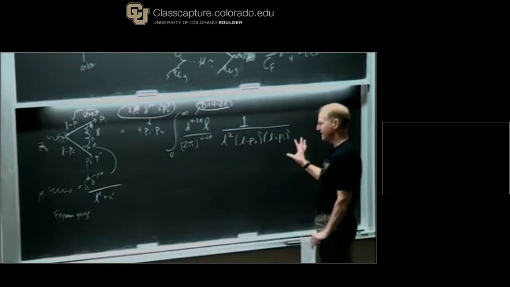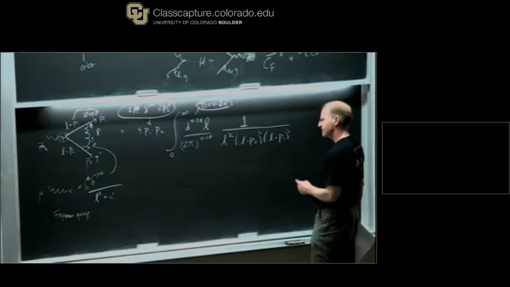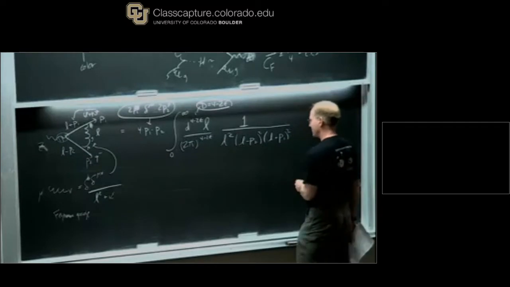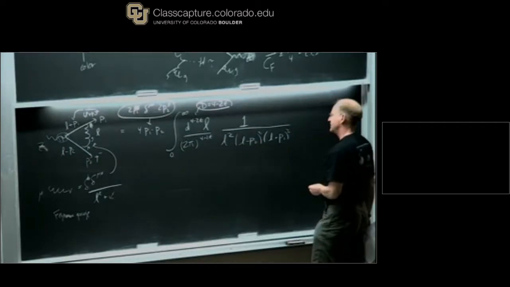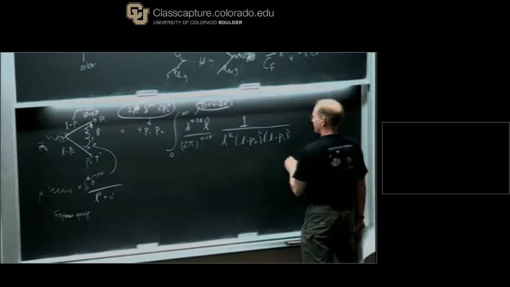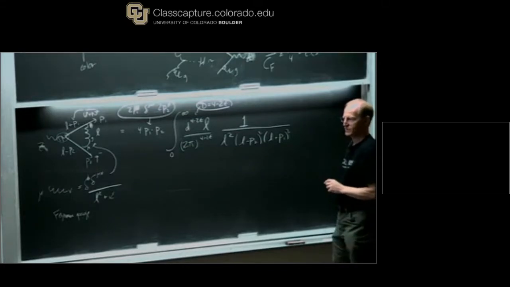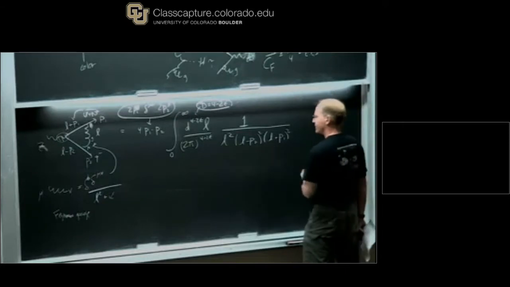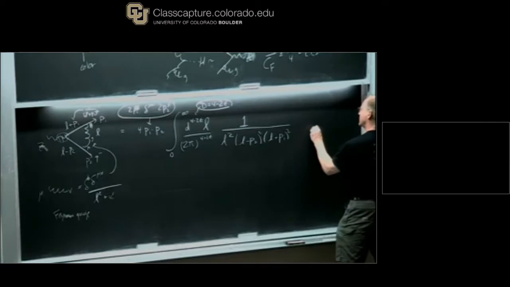Now, in fact, they don't come only from the soft limit, because I've also got some collinear divergences in this particular integral too. And so I probably shouldn't even believe the 1 over epsilon terms. Only the 1 over epsilon squared terms should I believe. And they come from the overlap of the soft region and the collinear region.